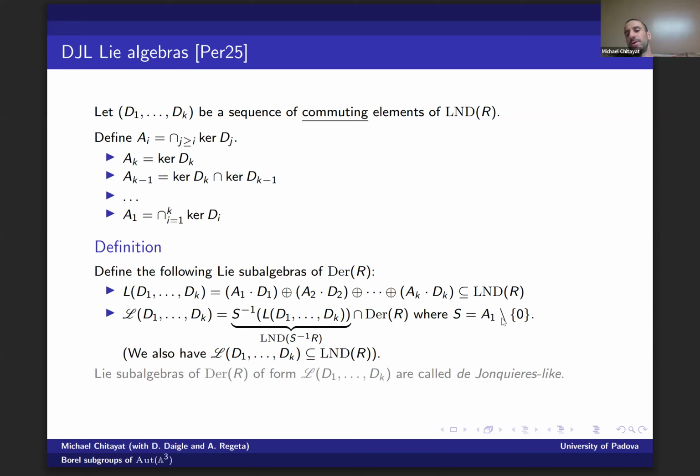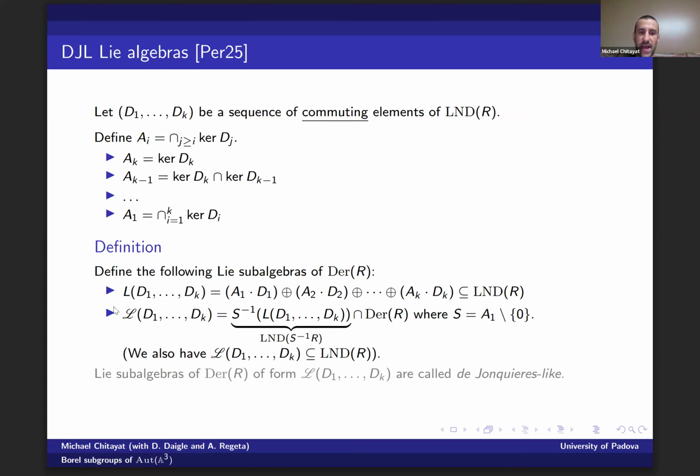So you look at A_1, you localize at all the non-zero elements, and you get a subset of the set of locally nilpotent derivations of S inverse R. And then you take anything that lives both in there and in the set of derivations of your original ring.